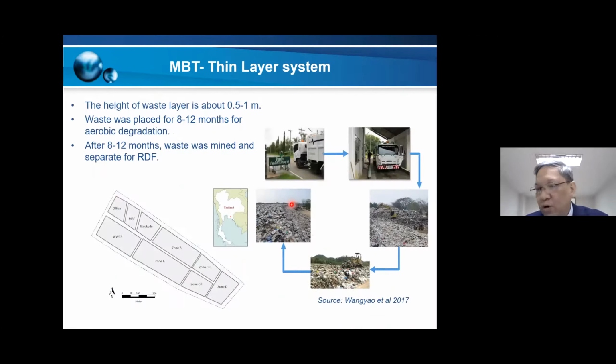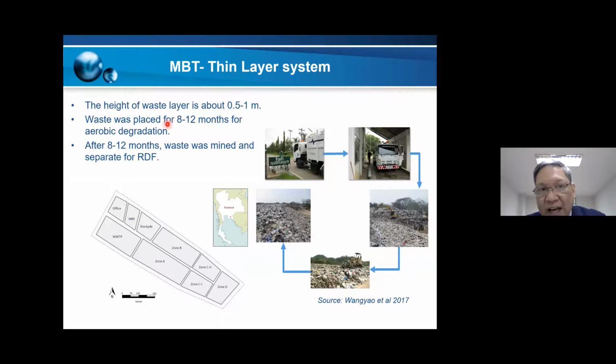I'm going to talk about another, similar system, in another municipality where they apply a thin layer. It's quite the same concept as windrow, but in this case the height of the waste layer is a little bit shallow, less than 1 meter.